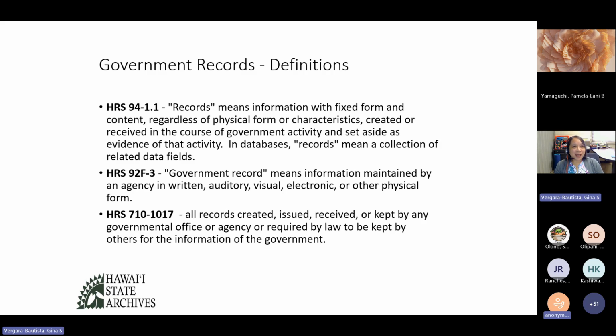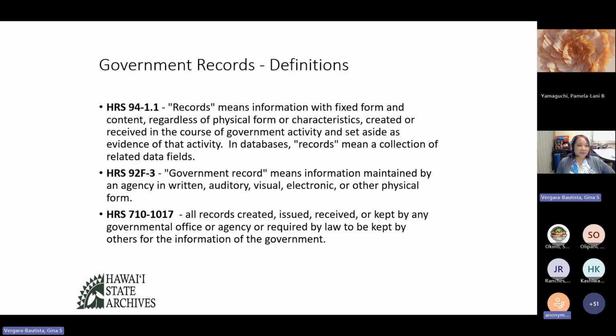And we have also been digitizing our older records that are being requested many, many times year after year so that people will have access to those because they need it for their research. So just to let you know, it does include electronic records or digital records.